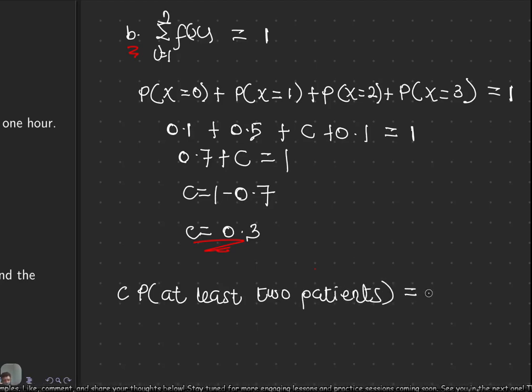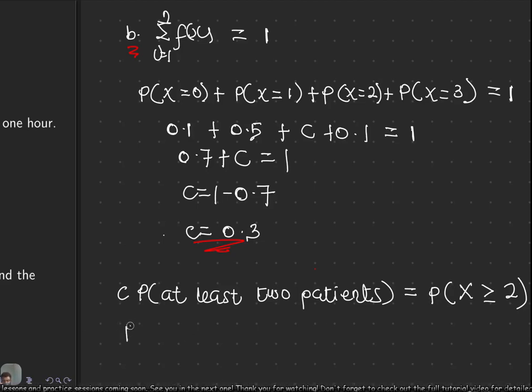So that is going to be the probability of our X being, let's say, greater than or equal to 2. That is at least 2 patients, right?